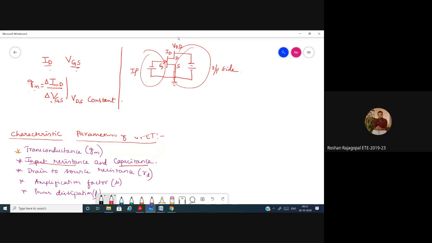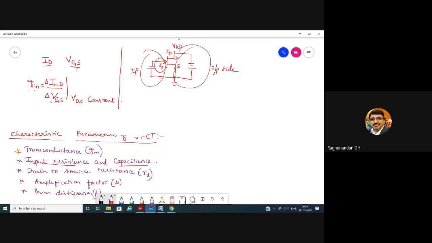Sir, the depletion region, sir. Depletion region, across which terminal will the depletion region be? Gate terminal, sir. Yes, gate terminal. So the input resistance will be across the gate.